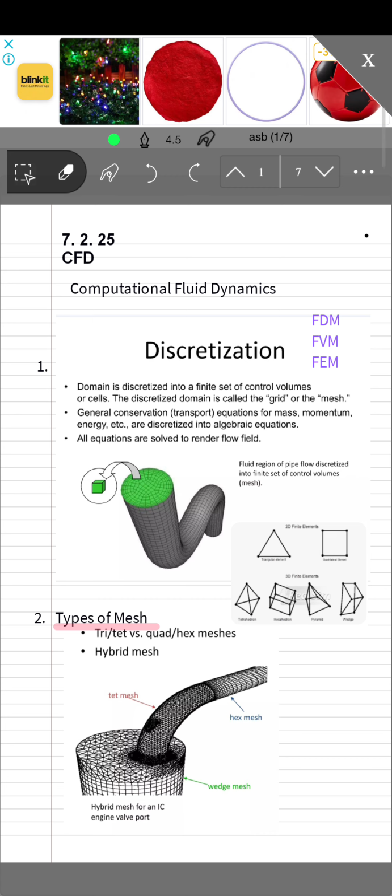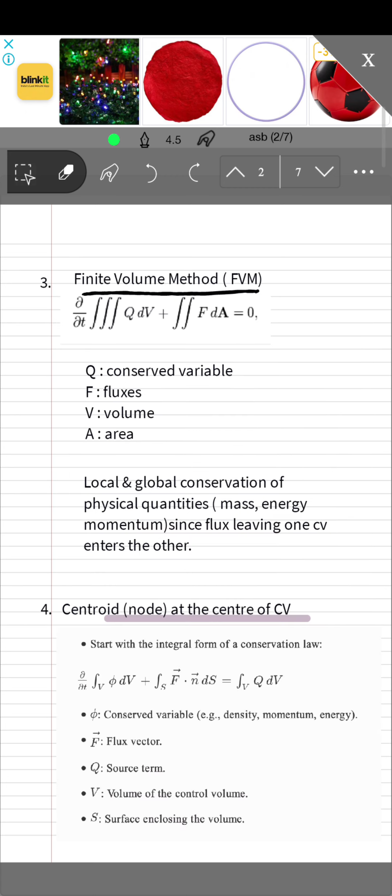Now moving forward, the finite volume method, as previously told, is based upon flux conservation. So this equation is a volume integral. This value q represents the conserved variables, the mass, energy, momentum. So the rate of flow, or volumetric rate, this part is being balanced by the fluxes.